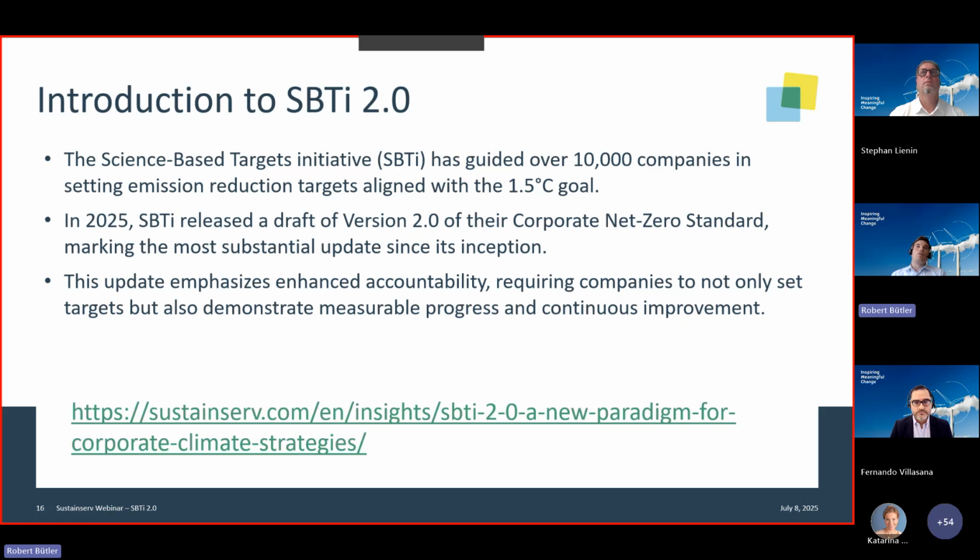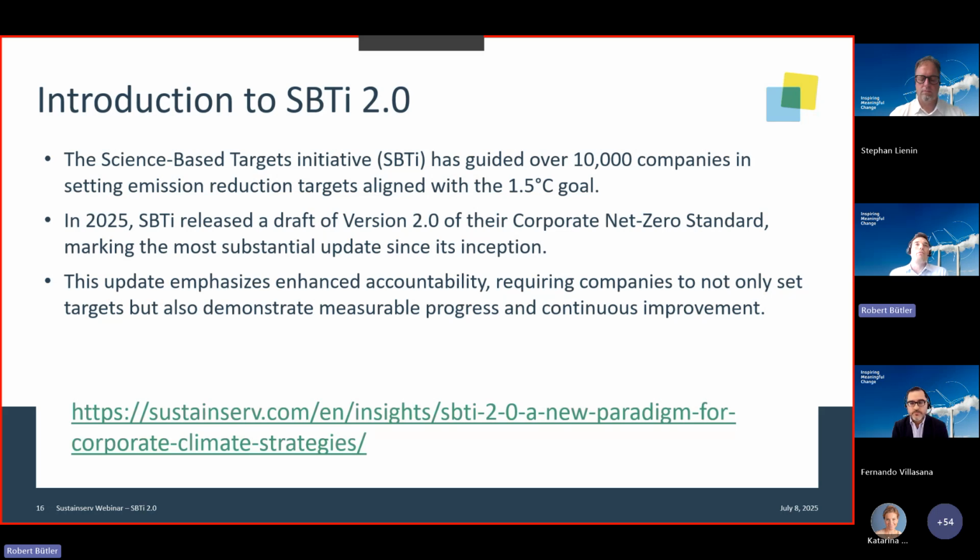So as we have heard and seen in the graph, SBTi has over 10,000 companies that currently have SBTi targets aligned with the 1.5 degree goal. Nonetheless, the time of easy commitments, in a sense, is over. And as Stefan has mentioned, there is an ever-increasing focus rather on the action, the roadmap. How do you actually get to these targets rather than just having the targets validated by SBTi and be done with it?